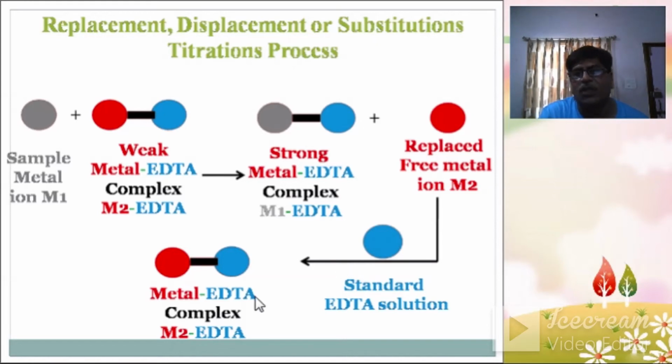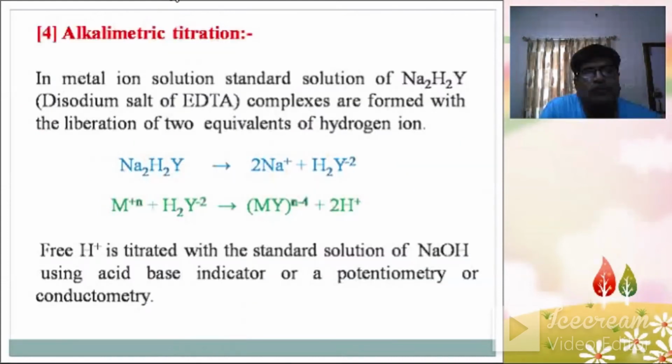Now let us discuss the fourth method, alkalimetric titration. In a metal ion solution, on adding a standard solution of the disodium salt of EDTA, complexes are formed with liberation of two equivalents of hydrogen ion. Here the disodium salt dissociates into 2 moles of Na plus and H2Y minus 2.